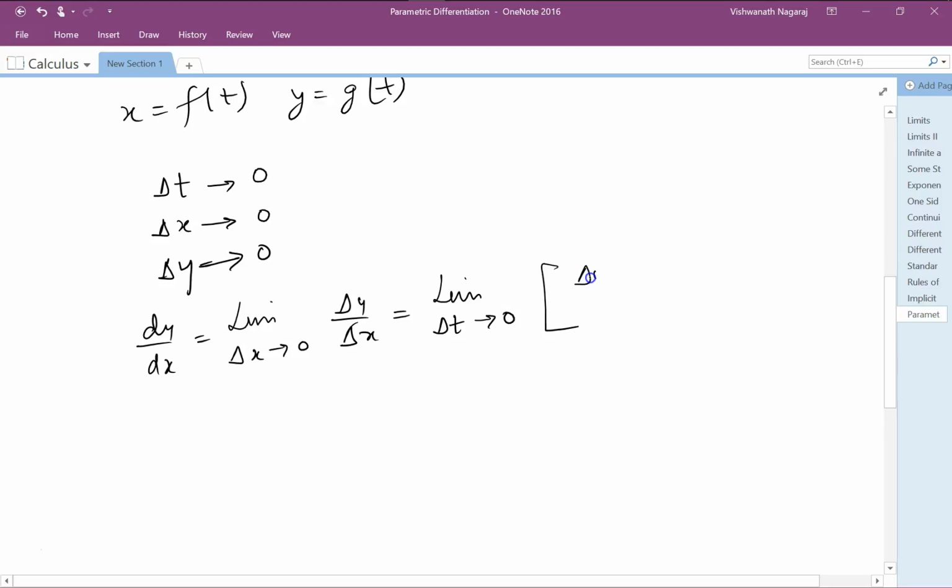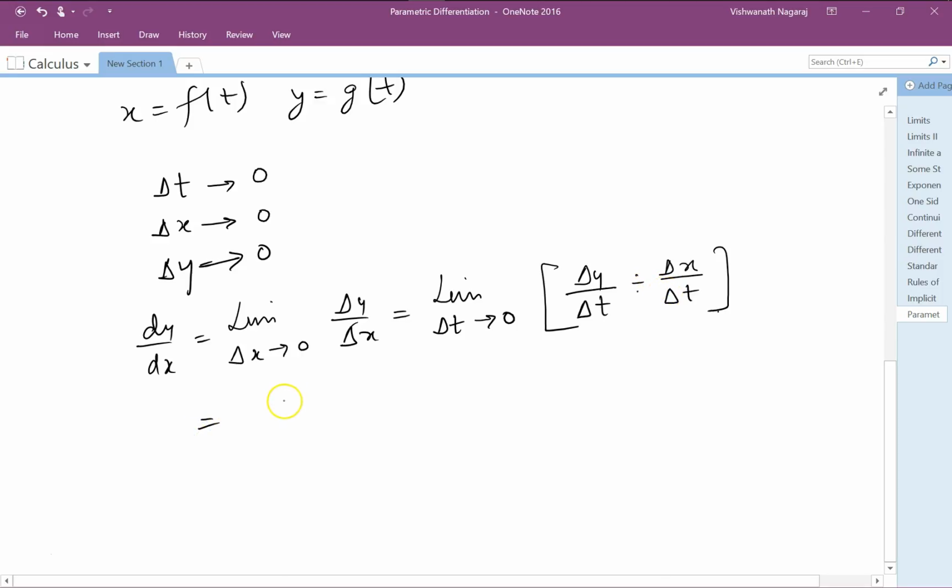Remember, delta y by delta t, we have two things. Since y depends on t and x depends on t, we have to write them in terms of t itself, so divided by delta x by delta t. When we simplify this, delta t gets cancelled and we are left with delta y by delta x.